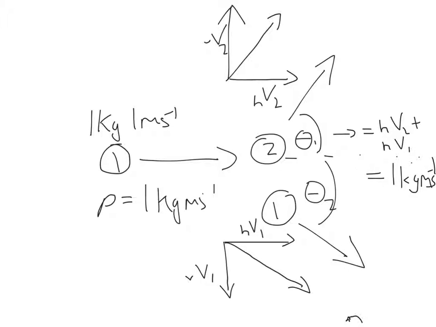What about the vertical then? The vertical is exactly the same. However, you need to consider what the vertical momentum is before the collision. If we think about the vertical momentum in this orientation before the collision, you ask yourself a question: is it moving upwards? No. Is it moving downwards?